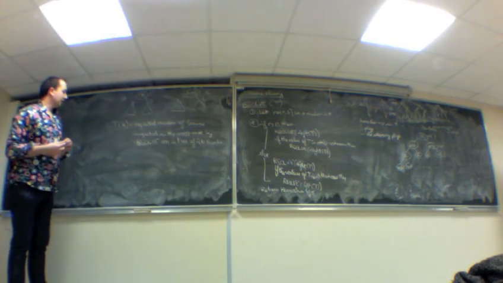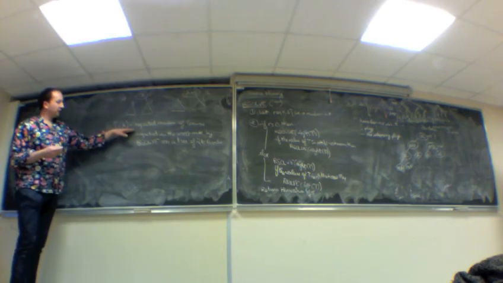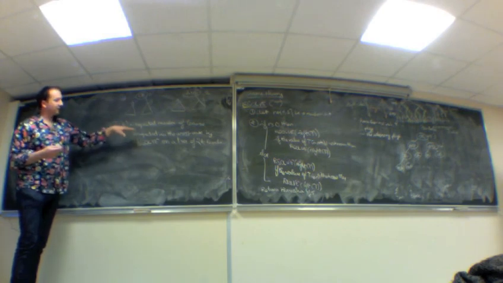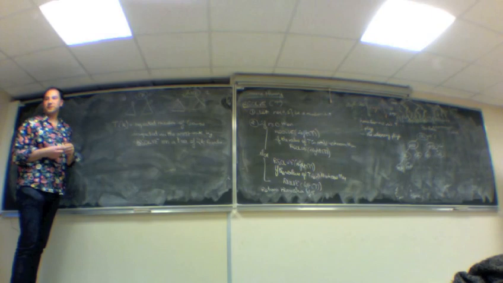Okay? So T of k is the expected number of leaves inspected in the worst case by R-solve.